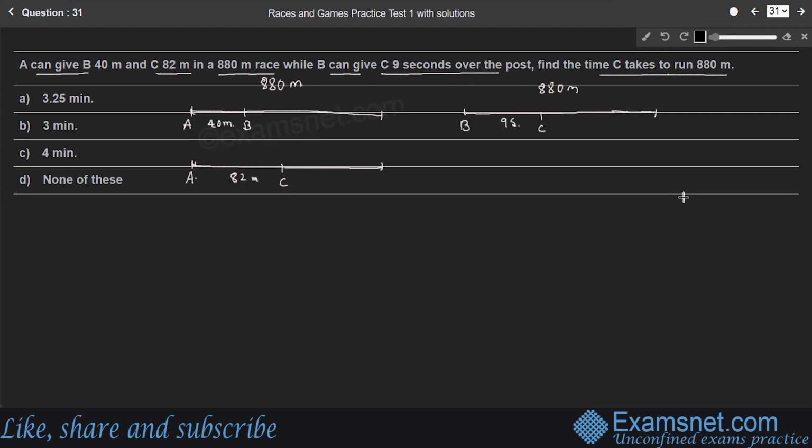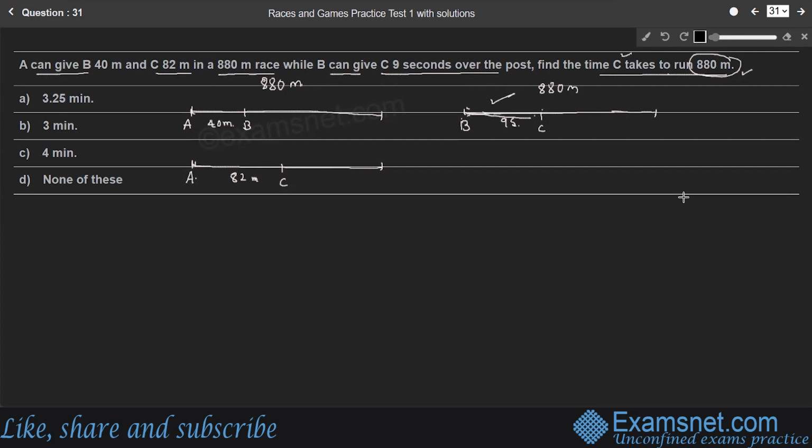So here the question is, find the time C takes to run 880 meter. So for that, first we need to consider the time C takes to run B to C distance, right? So what is the time taken by C to run B to C distance? Then time taken to run 880 meter easily can be calculated, right?